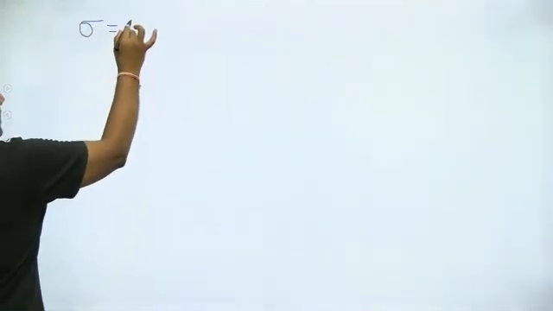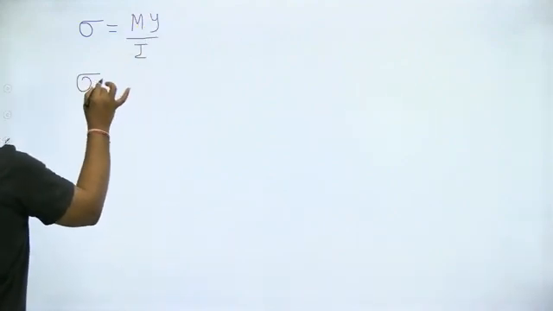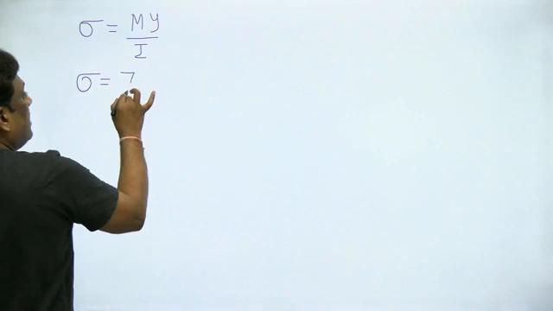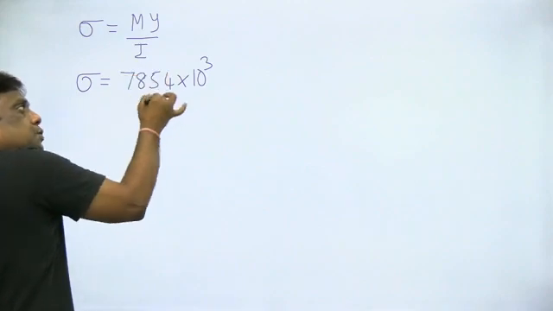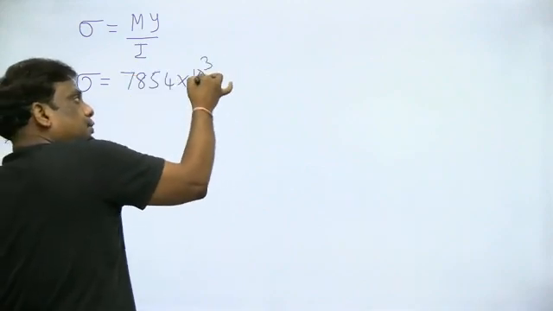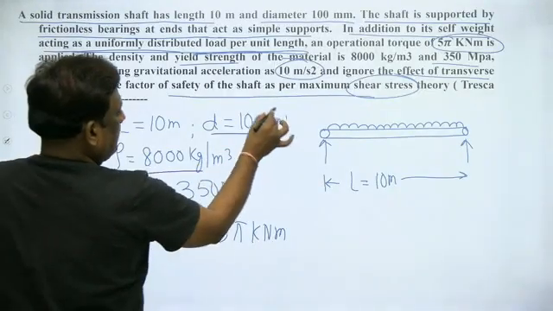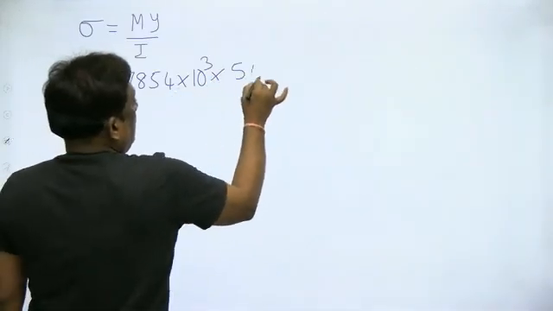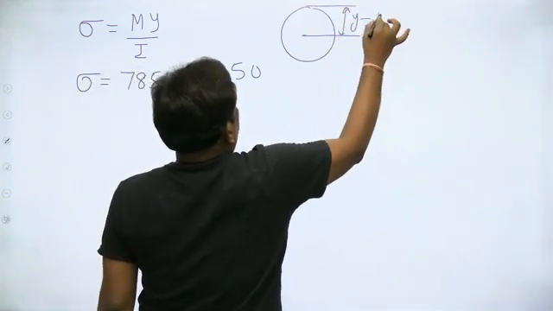So let us calculate the maximum bending stress. The maximum bending stress is given by M by I is equal to sigma by y, so sigma maximum is M y by I. Already you know M is 7854 into 10 power 3. It was in Newton meter, I'll convert it into Newton mm. Why? The diameter is given as 100 mm, so y will be 50 mm, because from the center of the shaft the maximum value of y is 50 mm.